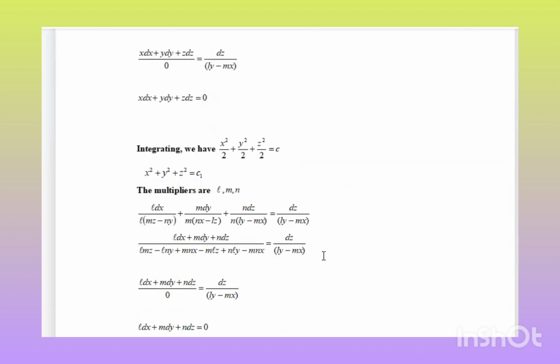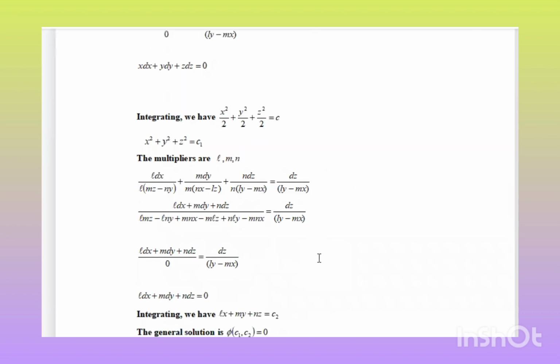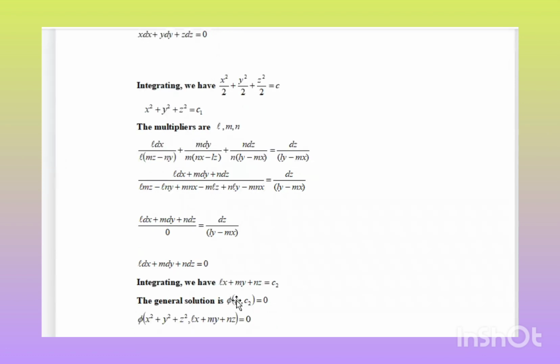Next, the multipliers are l, m, n. So multiply the numerator by l as well as the denominator by l: l dx/[l(mz − ny)] + m dy/[m(nx − lz)] + n dz/[n(ly − mx)] = dz/(ly − mx). So the numerator will become (l dx + m dy + n dz) divided by 0, which equals dz/(ly − mx).